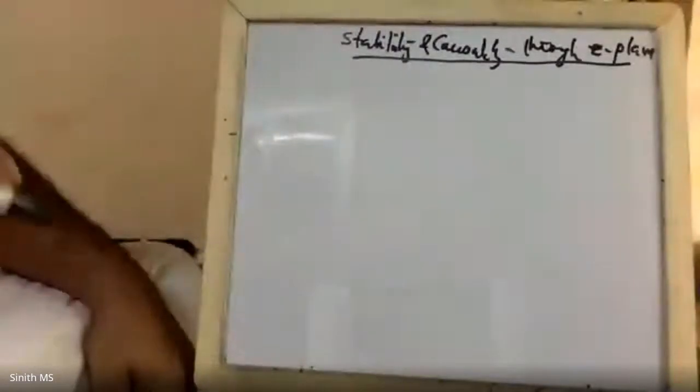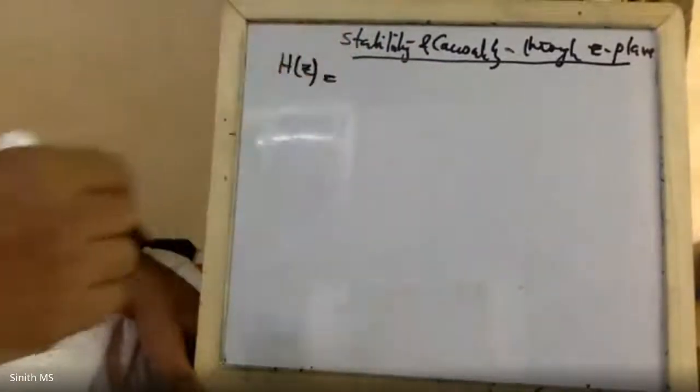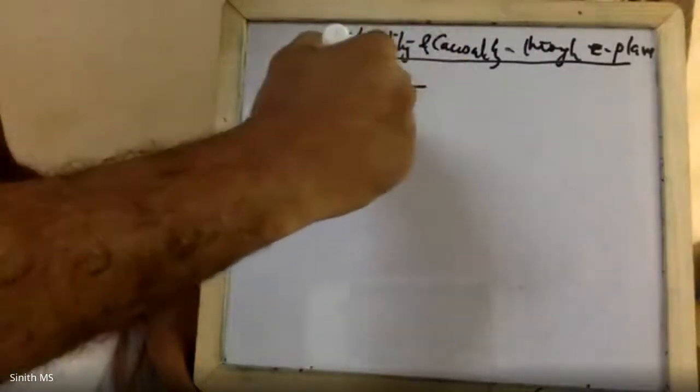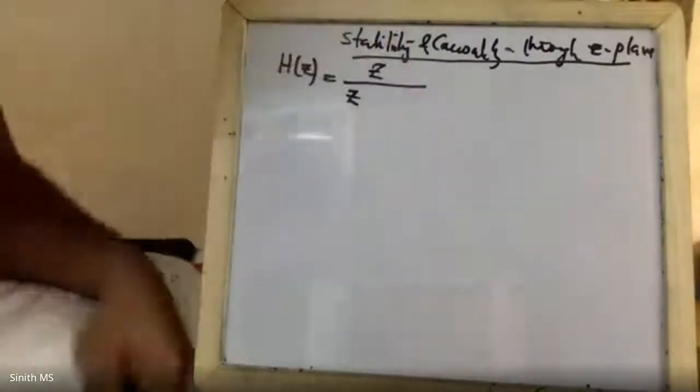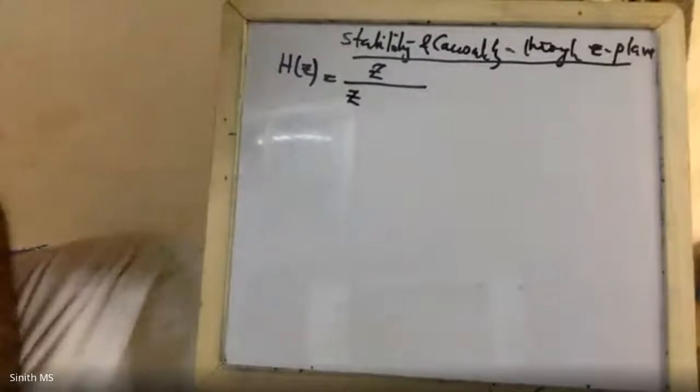So we have, let us suppose that our z transfer function is H(z) equal to, let us write the partial fraction form itself.